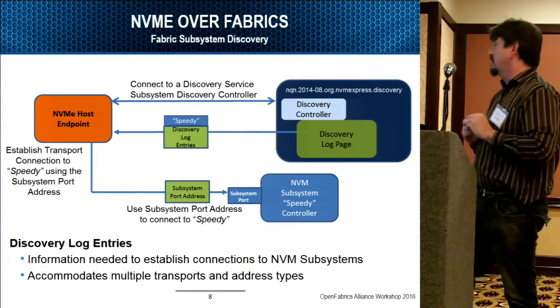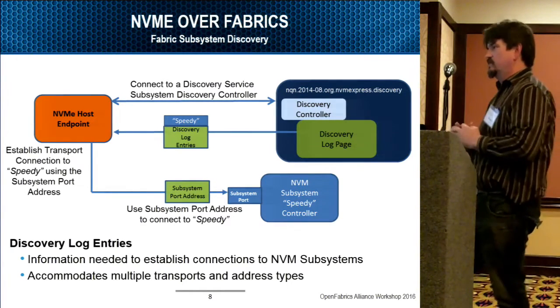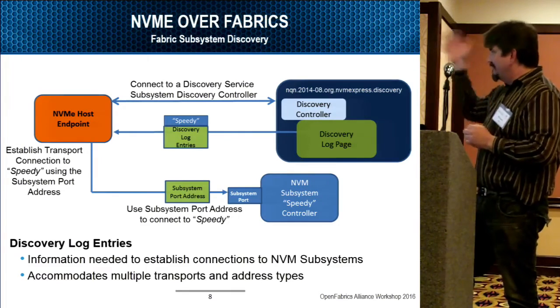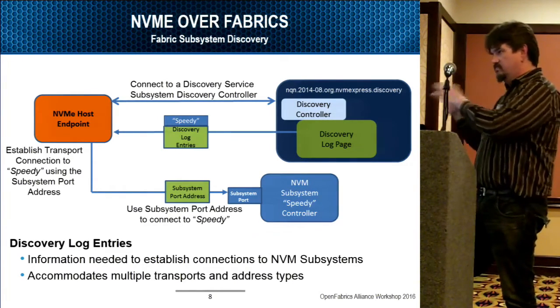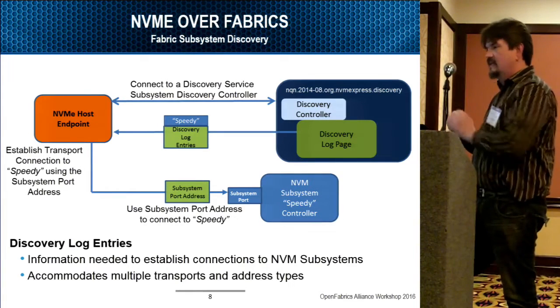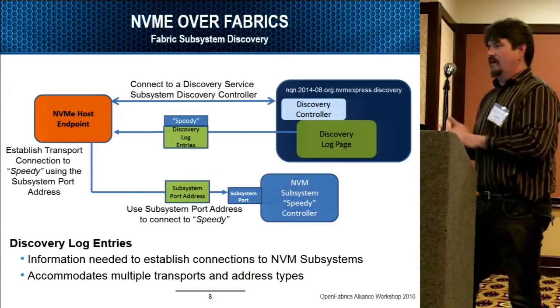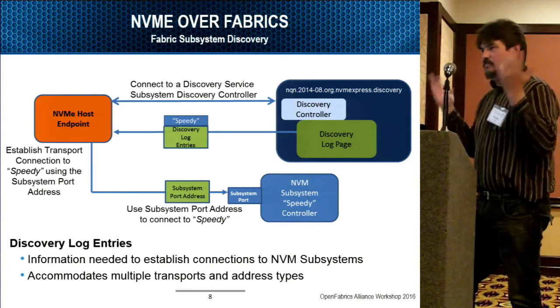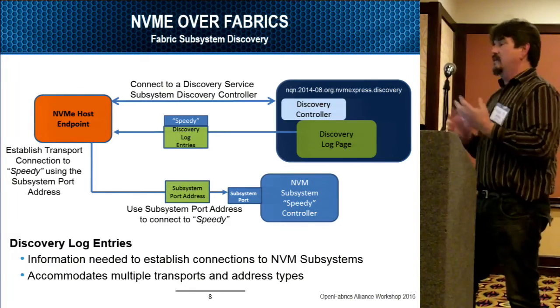It will then identify itself and request information about its resources. It will get back a series of log pages, each consisting of an NVMe target subsystem it has access to, what fabric that target uses, the address type, IPv4, IPv6, what have you, and the address.